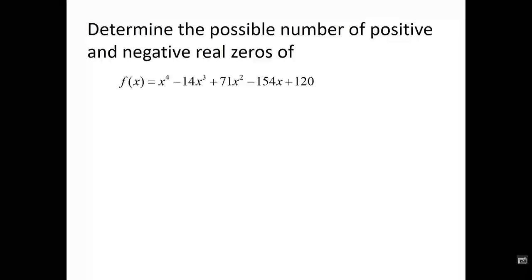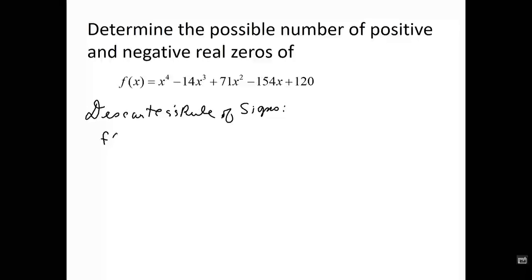We just want to determine how many there are. And we will be using Descartes' rule of signs. The rule is based on considering variations in signs between consecutive coefficients.